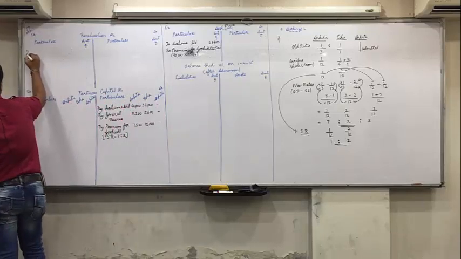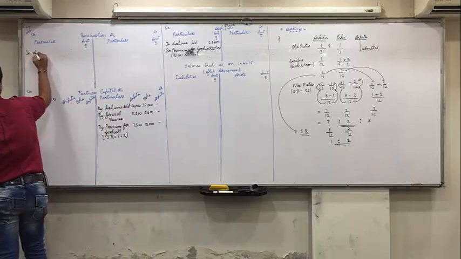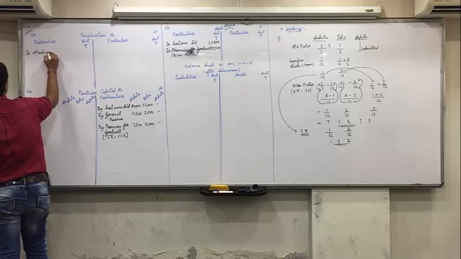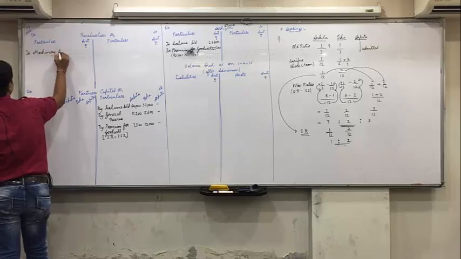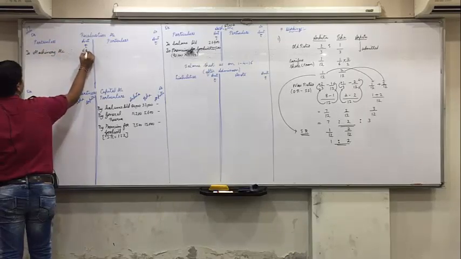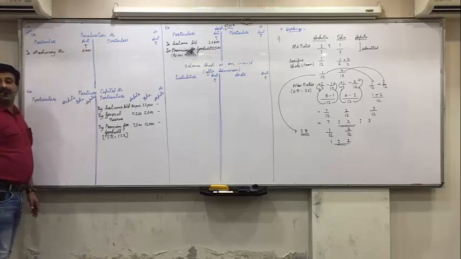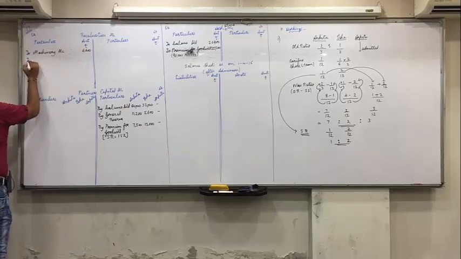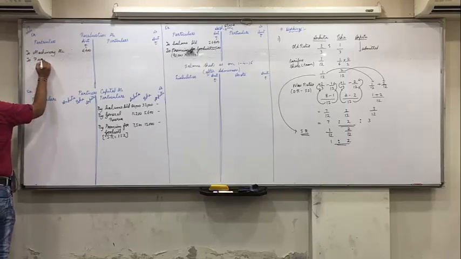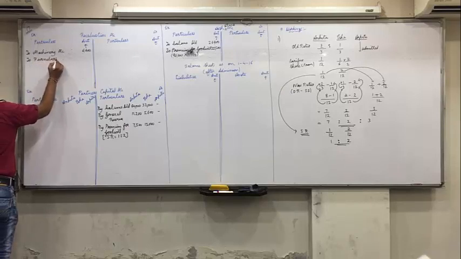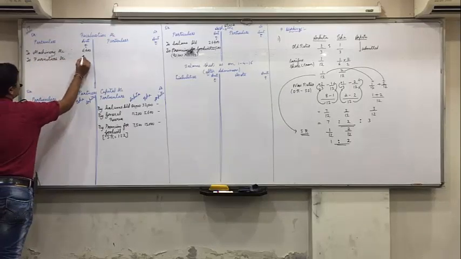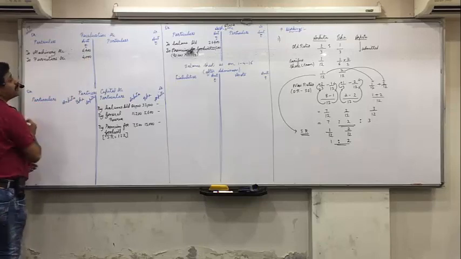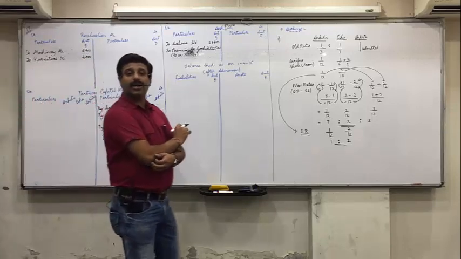So revaluation account debit side, to machinery account 6,400, and to furniture account 4,000. Are you all clear with this?